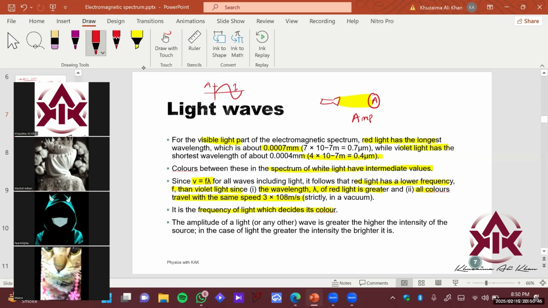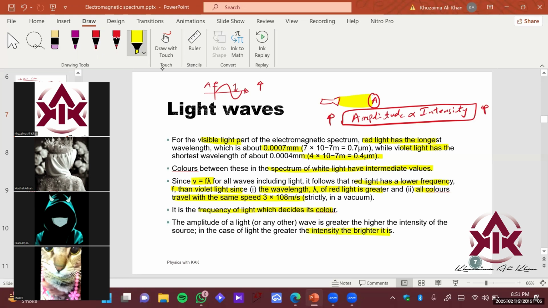The distance from the mean position. It is the amplitude of a wave, right? So the amplitude of a wave is directly proportional to the intensity, right? What is intensity? How bright a light is, right? So if you have greater amplitude, you have a greater intensity of the light. Just an experimental way over here. So the brighter it is, okay? The greater the amplitude, the greater the intensity and the greater the brightness will be. So amplitude is the factor which decides this particular thing over here.